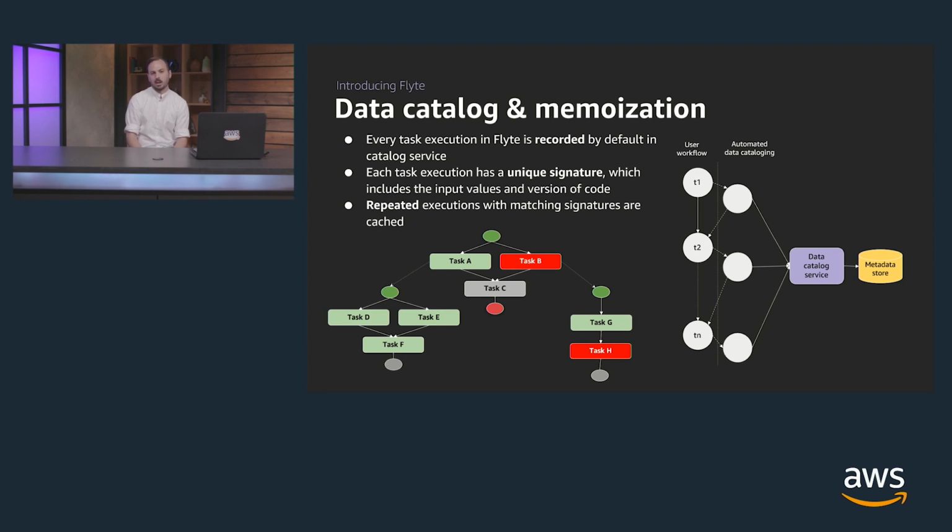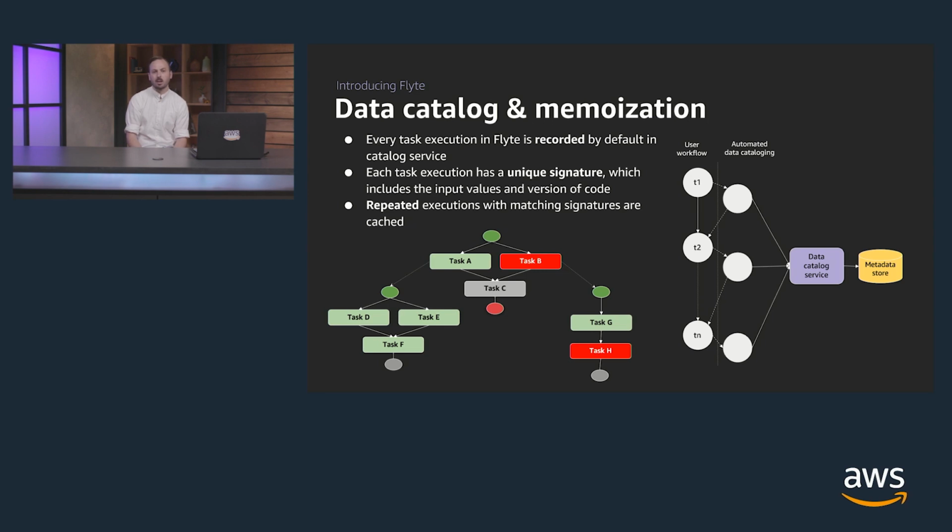The problem with that when you go into workflows is that you might be rerunning steps that cost tens of thousands of dollars to run. That's not a good thing to do when you're running a business. Because Flight is aware of the inputs and outputs to a task, as well as the version of the task, which includes the code, the user can specify that the code is deterministic and that we should enable caching.